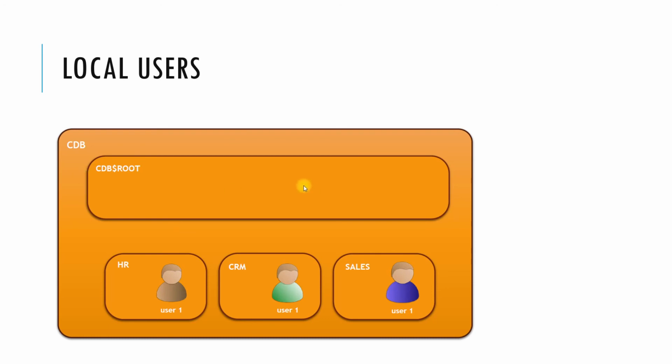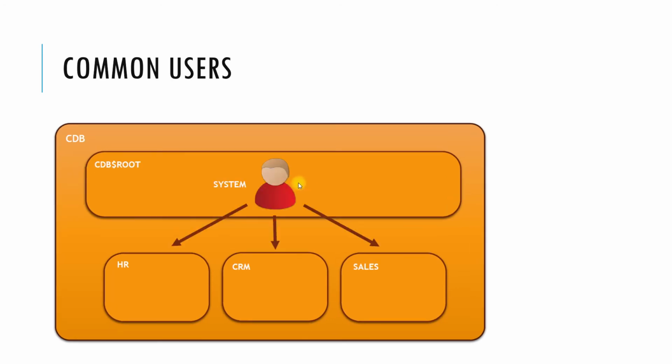Now moving forward to the common users. As you see, SYSTEM is a common user, which is automatically created when we install the multitenant database. These are defined in the root and known in the root, and in all the pluggable databases.